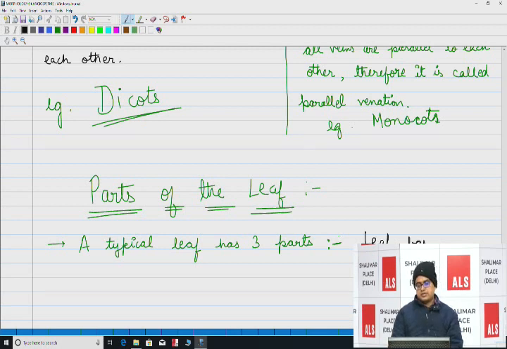Leaf base, lamina, and petiole. Petiole is the middle part, so I can interchange these two. Leaf base, petiole, lamina, in that order.